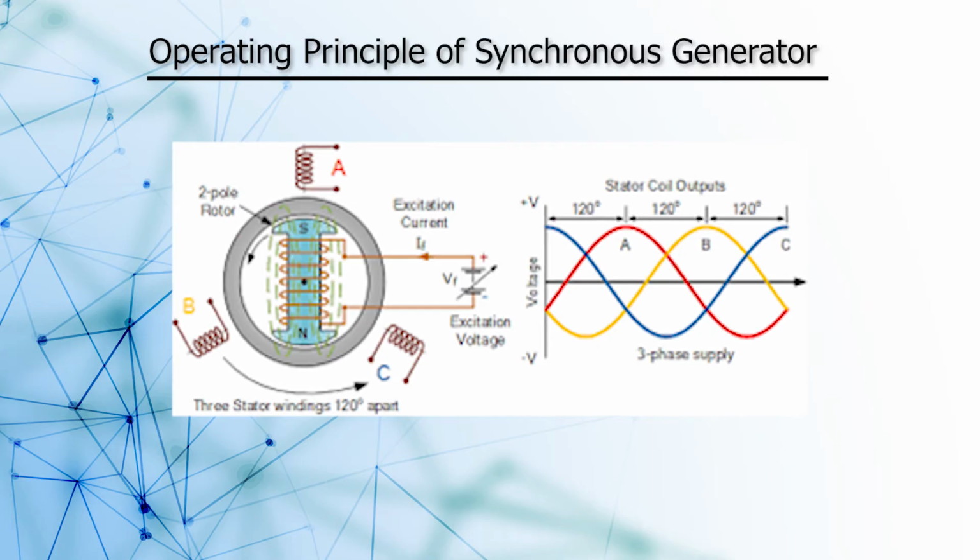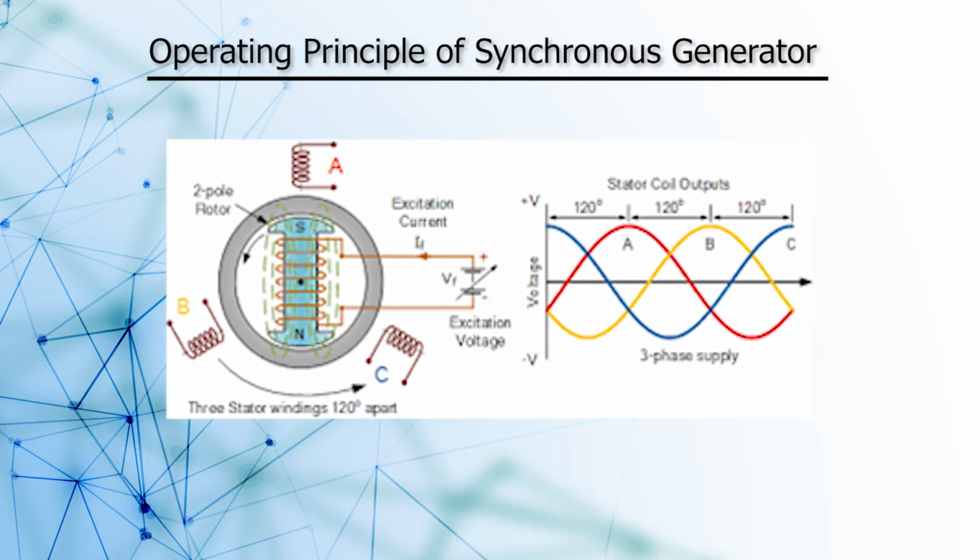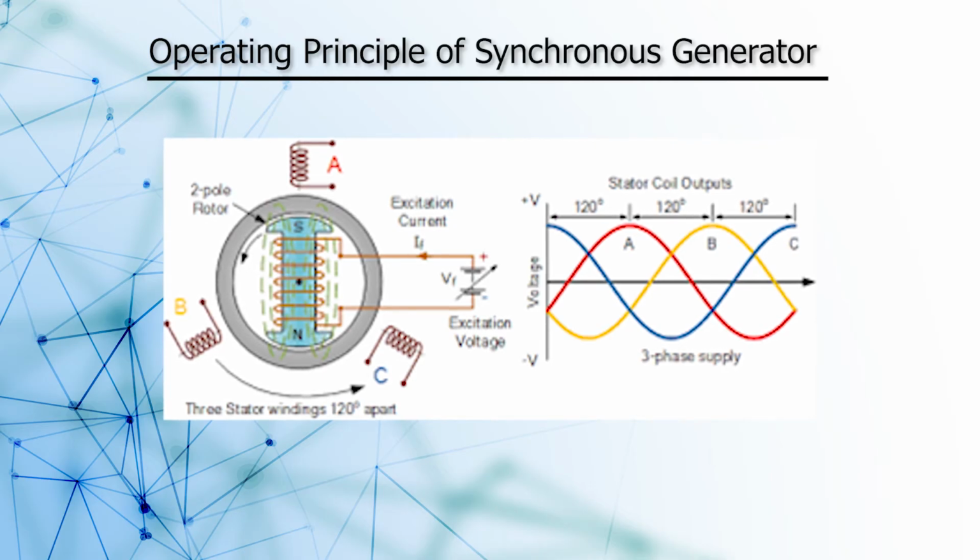Now, to produce the EMF, we require the rotating magnetic field. So this rotor will be moved by some prime mover at high speed, and you will get the required rotating magnetic field. I have shown the related graph as well.